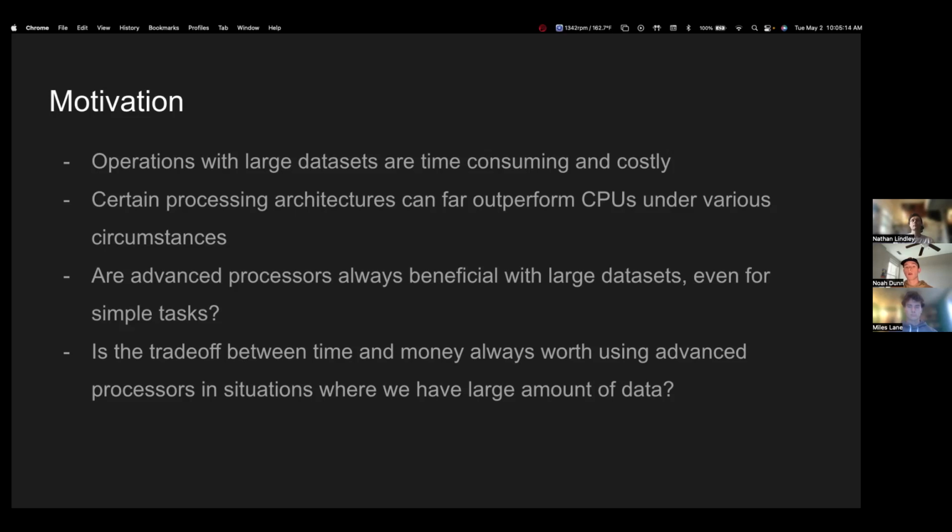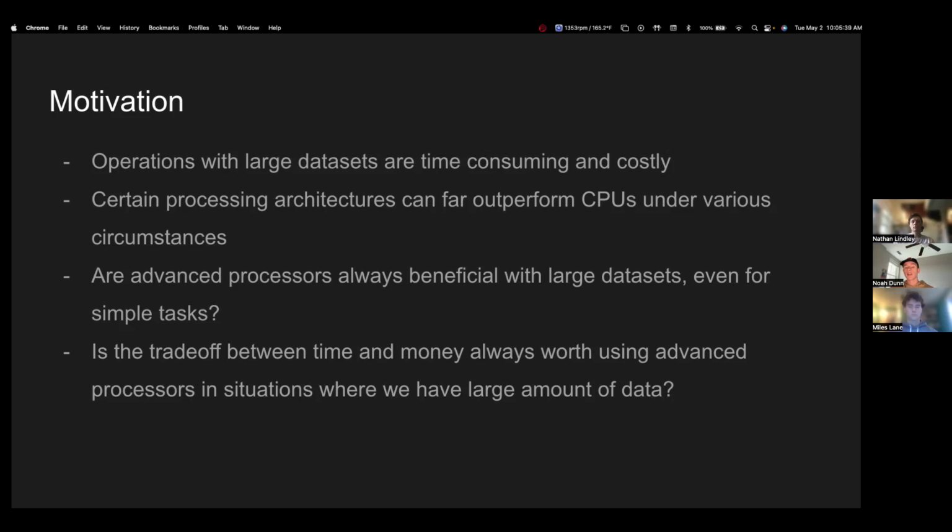The first question we had was about whether or not advanced ones are always beneficial with large data sets based on runtime alone. So we know the GPUs and TPUs can far outperform CPUs for tasks that are very compute intensive, like training neural networks, or anything involving parallelism or complex matrix computations. With this being said, they're often thought of as being universally better just because of their prominence in recent data-intensive machine learning advances.